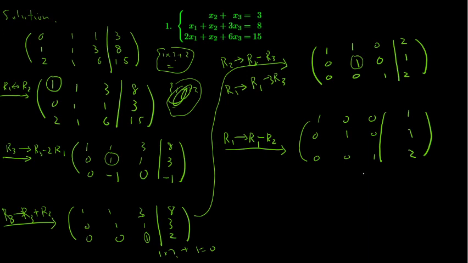After getting the matrix in REF, because it can be proved, the final form is unique.